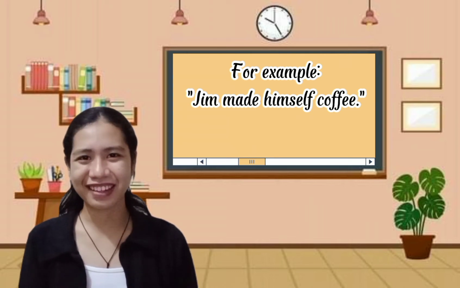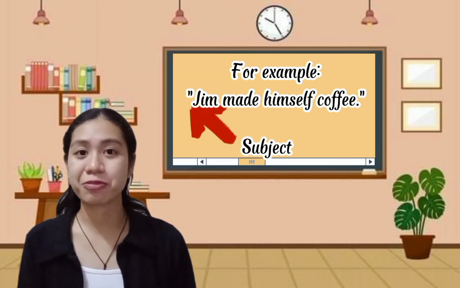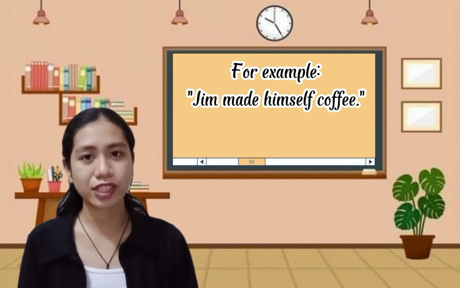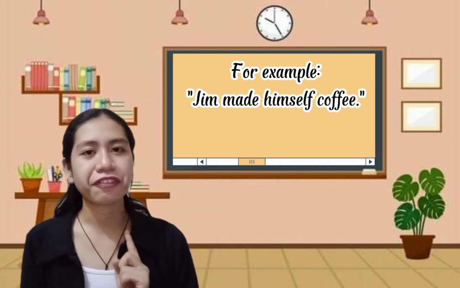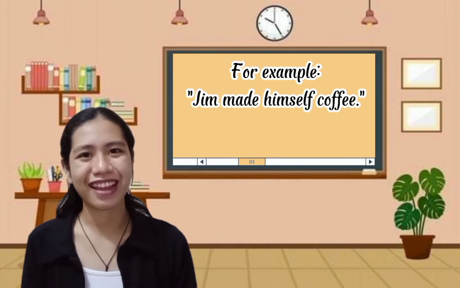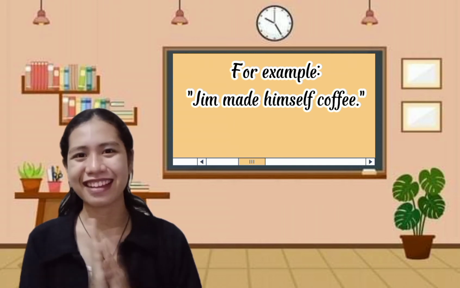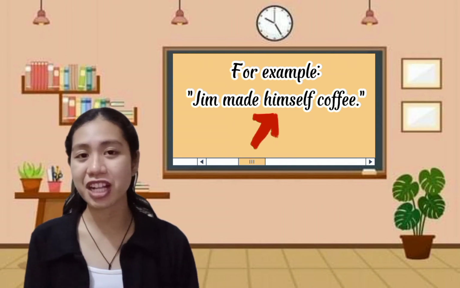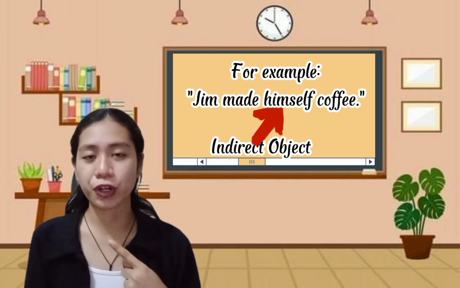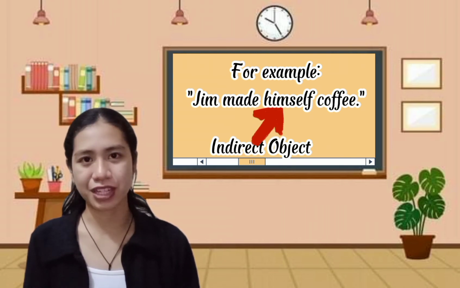Very good, class. Jim is the subject in the sentence. And the second question is, what is the reflexive pronoun that is being used in the sentence? Very good again, class. The word himself. Himself there serves as an indirect object.